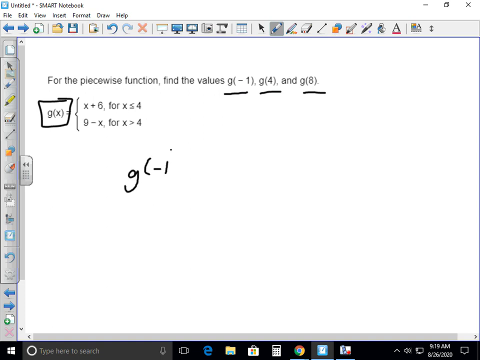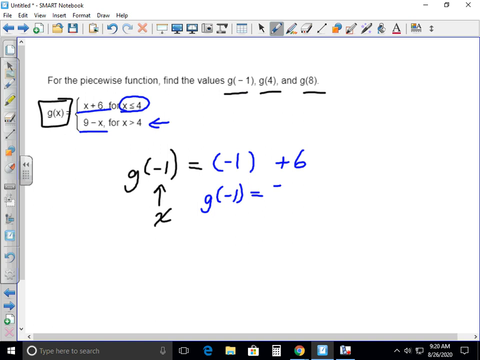So to evaluate g of -1, -1 is our x value. So if our x value is less than 4, we use the top formula. If our x value is bigger than 4, we use the bottom formula. So since our x value is less than 4, we're going to use the formula that says take our x and add 6, where our x is -1.